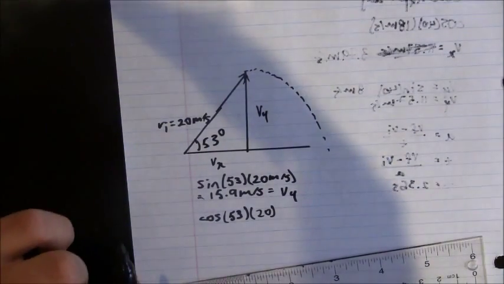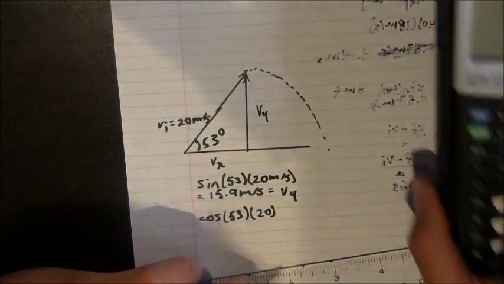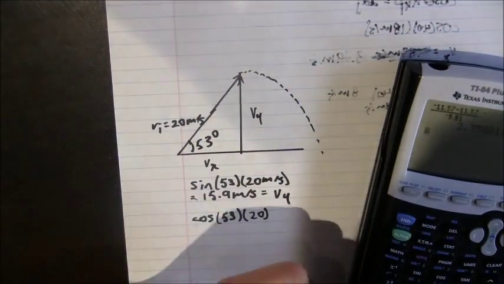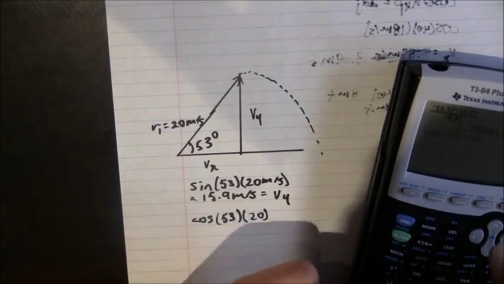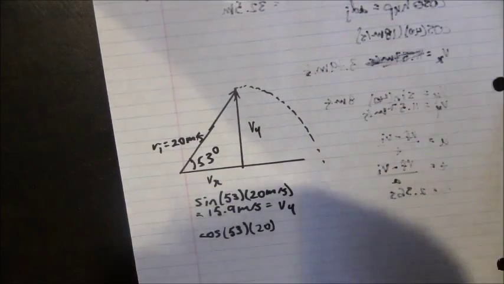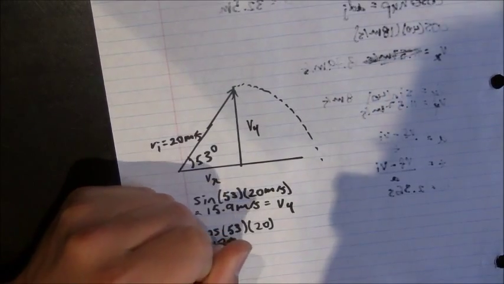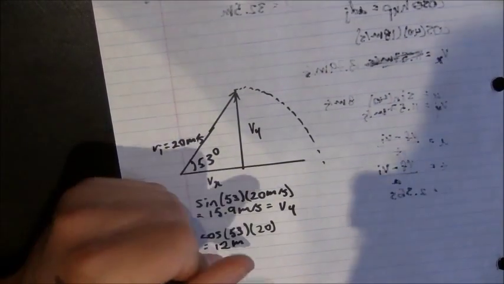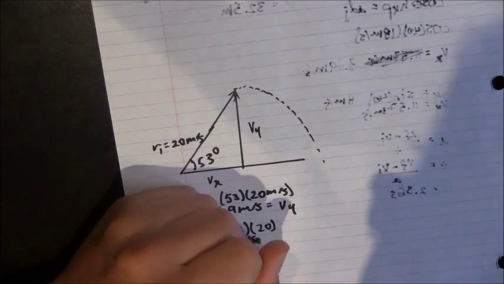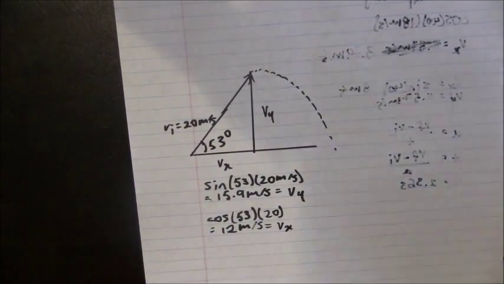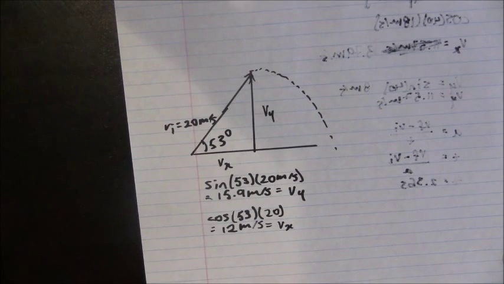So that will be, I just got to calculate that one. That will be 12 meters per second, pretty close to 12. Okay. Now we've got our x and y components of our velocity.